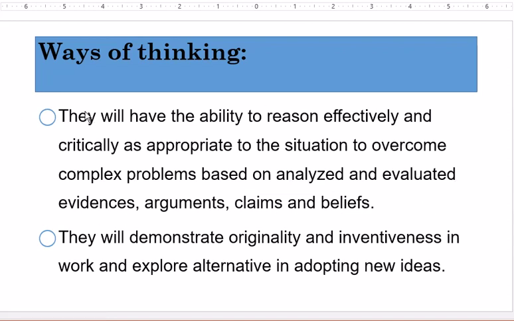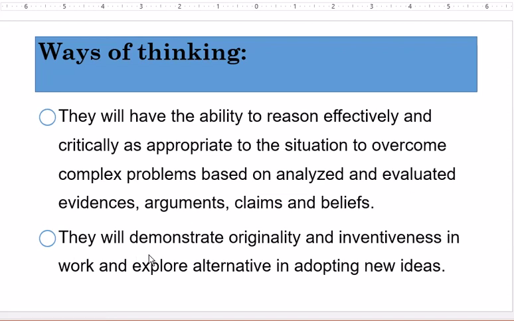By the way, here 'they' means students. If they are quite aware of the 21st century skills, they should be able to change themselves. They should not believe anything that comes on the way, but they should be able to critically analyze and finally evaluate, and with evidence argue claims and beliefs. So they need to change their perceptions according to the information they analyzed and evaluated.